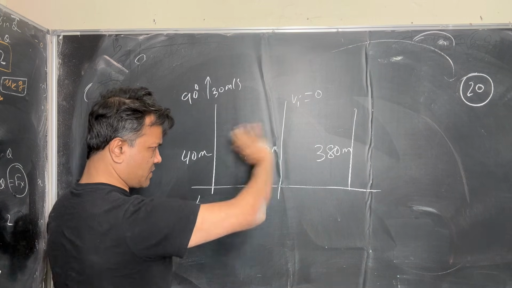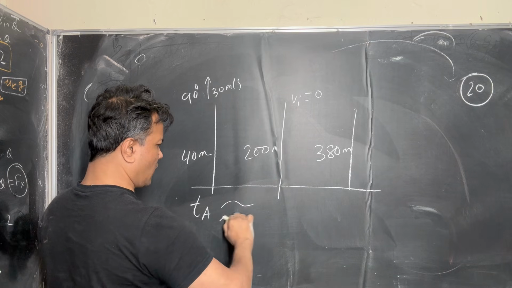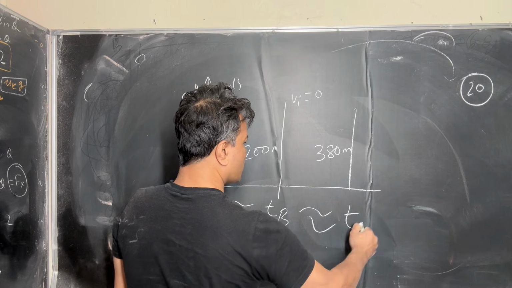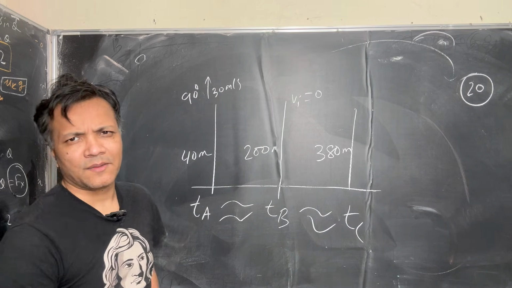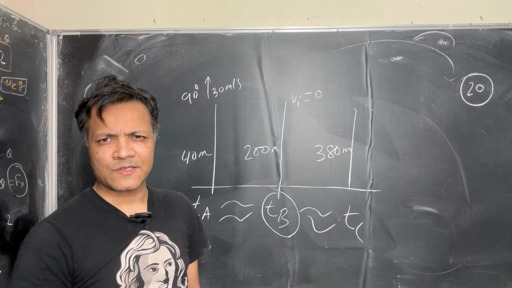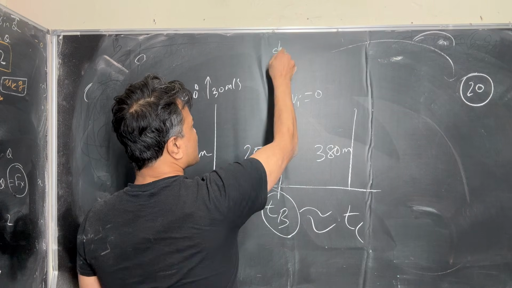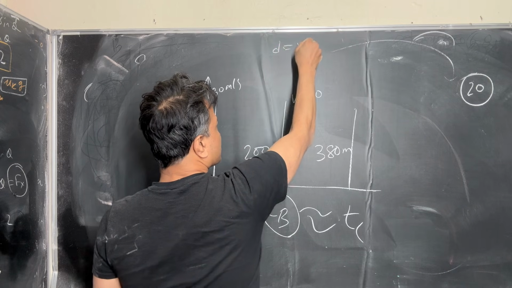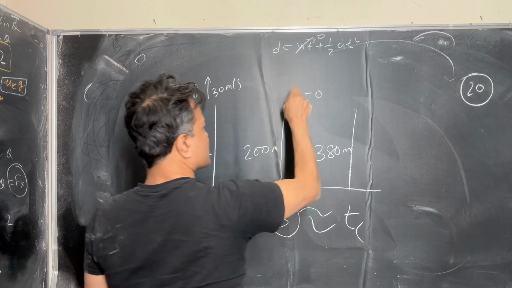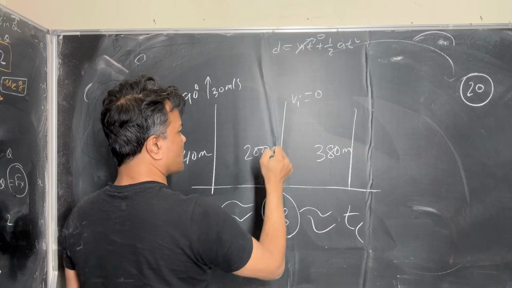The 3 balls, you see 3 balls falling, right? All 3 balls fall at almost the same time. If all 3 balls fall at almost the same time, you're going to find the easiest one, and the easiest one is this one. Why is that? Because this is a drop. So what are you going to do? d is equal to Vi t plus half a t squared. So this is 0. Why is this 0? Initial velocity when you drop something is 0.